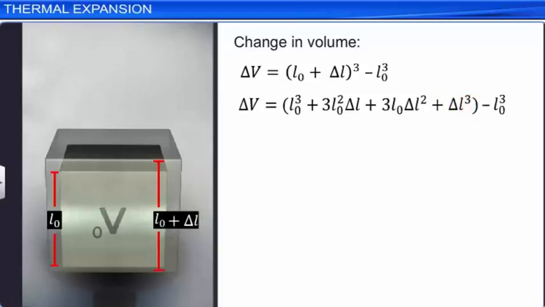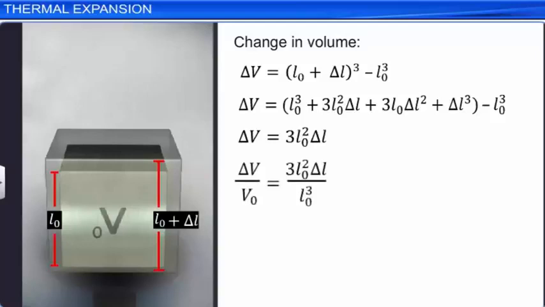Then we get delta V is equal to 3 into L naught square into delta L. Now, by dividing delta V by V naught, we get 3 into L naught square delta L by L naught cube. On further simplifying, we get alpha V equals 3 alpha L. Let this be equation 2.